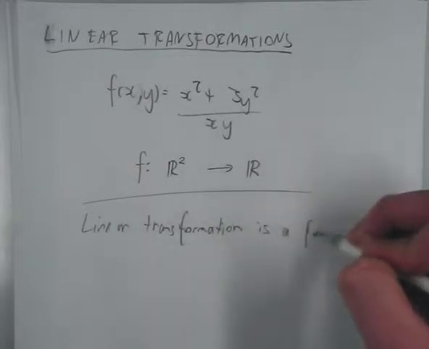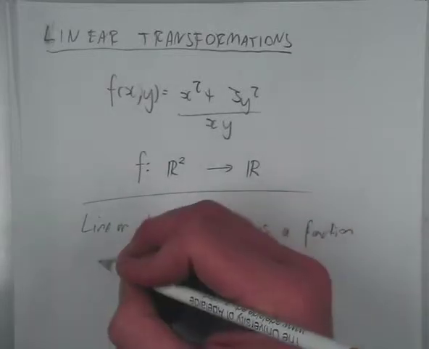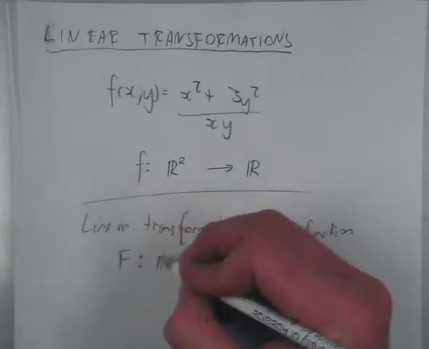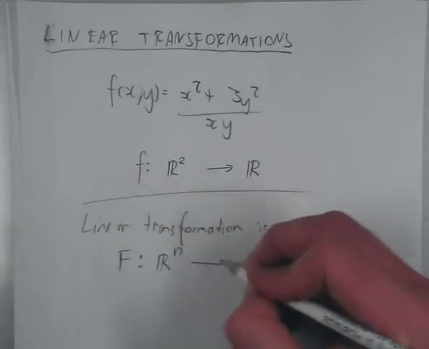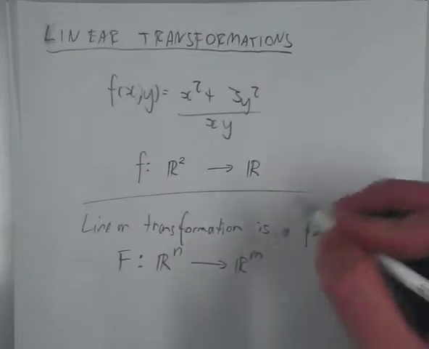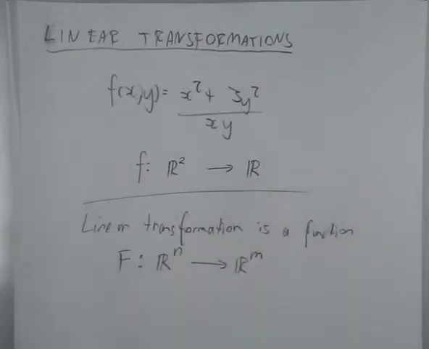So a linear transformation is a function f that goes from Rn to Rm, or possibly m to n, but it doesn't really matter. So the idea is it takes vectors in, and the answers that it spits out are also vectors. So far you've only been used to things that take numbers in and spit numbers out, or take vectors in and spit a single number out, and now we have something that spits vectors out as its answers as well.